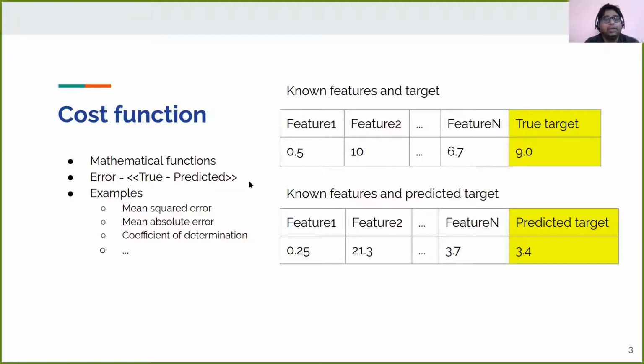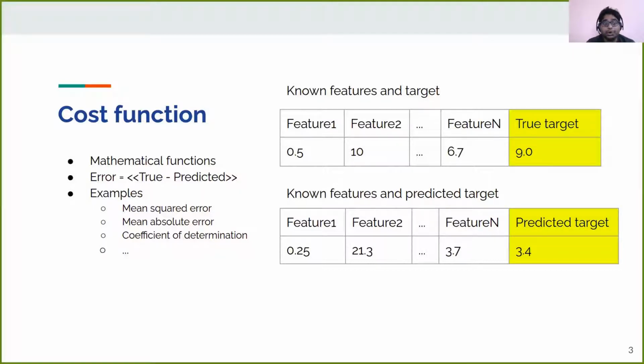Cost function. Cost functions, as we discussed before, are mathematical functions. They are used for computing the error between the true and the predicted targets. By this, we can say whether our algorithm is doing well or not.